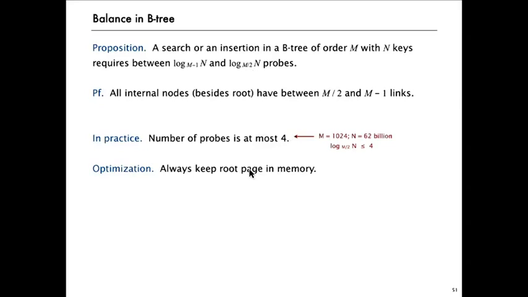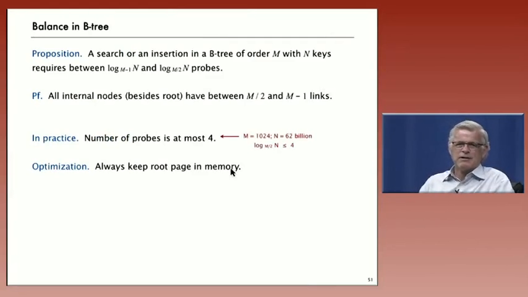And we can keep the root page in memory, so that it means for any conceivable application, you can get to any piece of data, even if it's trillions of pieces of data. It's a huge file. You can get to any one with only 5 or 6 probes. That's quite amazing.